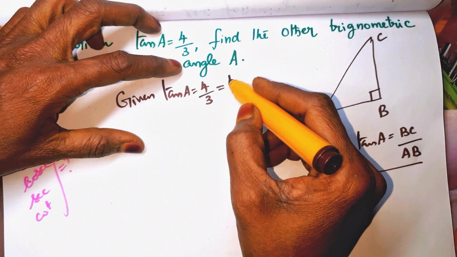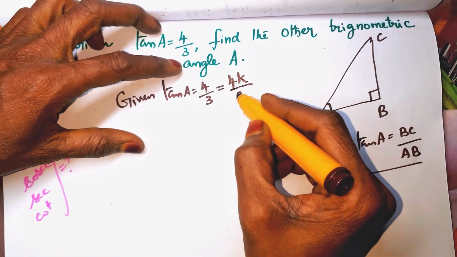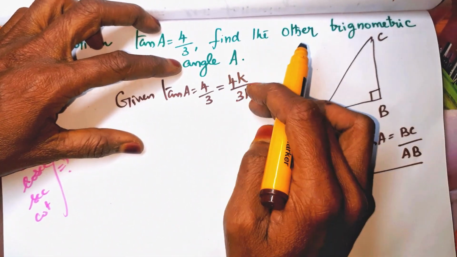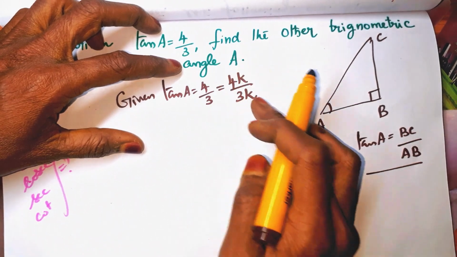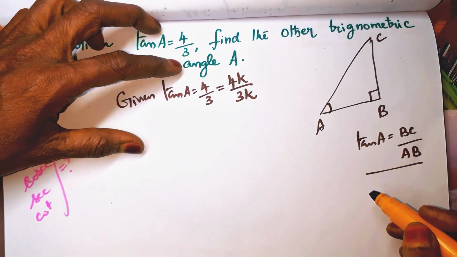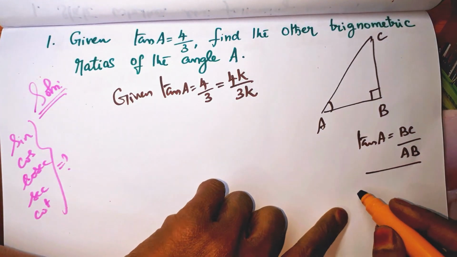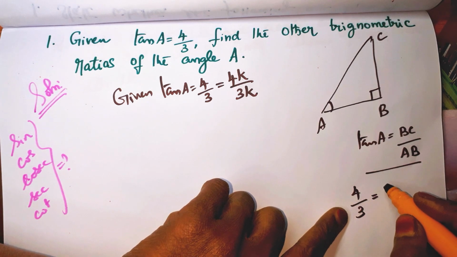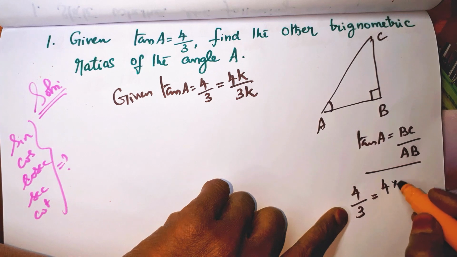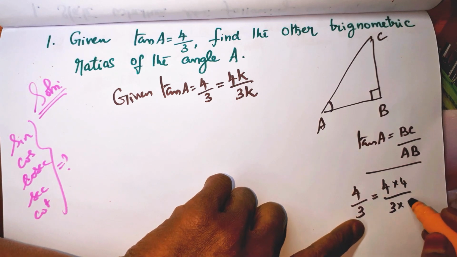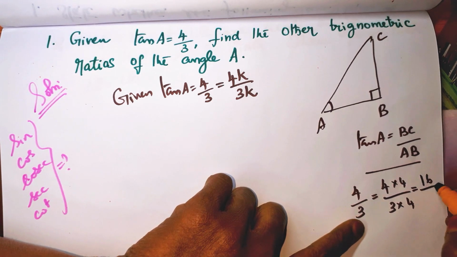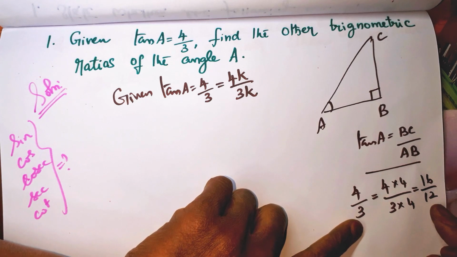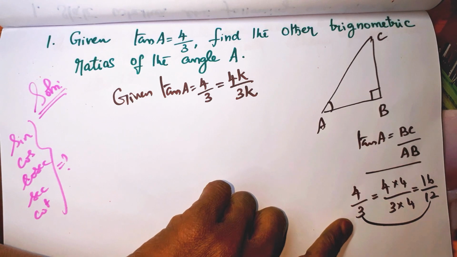4 by 3 can be written as 4k by 3k, multiplying and dividing by k in the numerator and denominator. Why are we doing this? 4 by 3 can be written as 4 into 4 by 3 into 4, that is 16 by 12, and these two are equal.